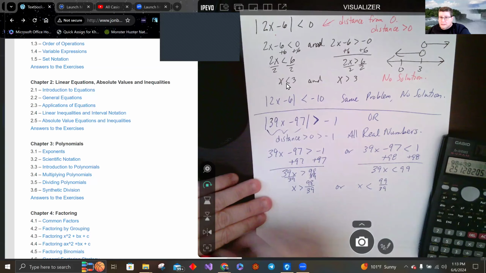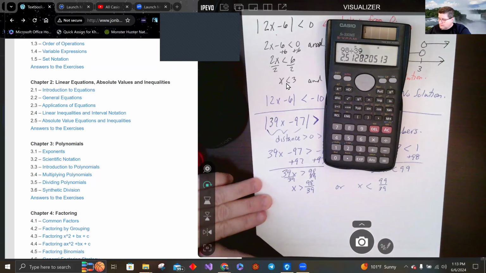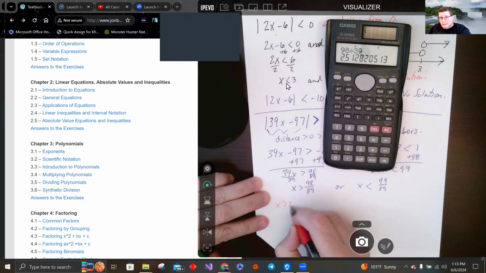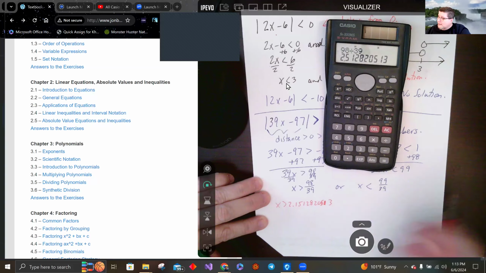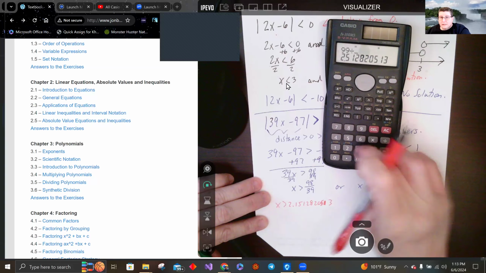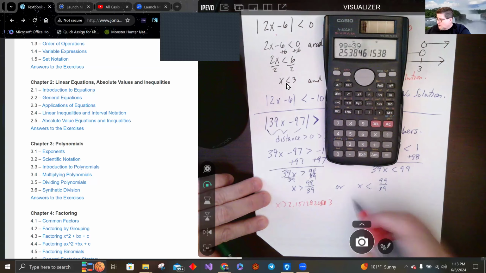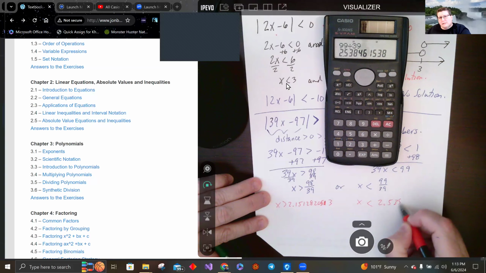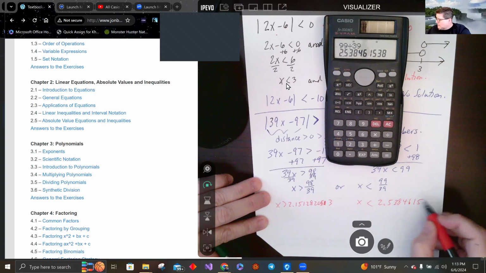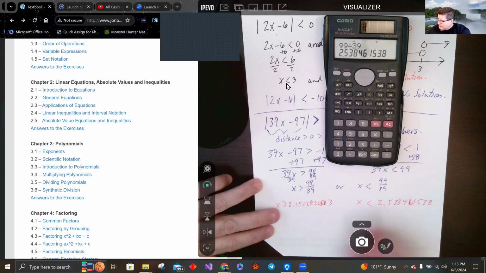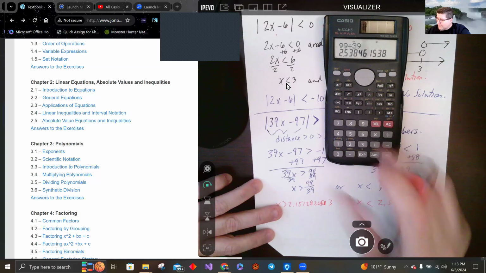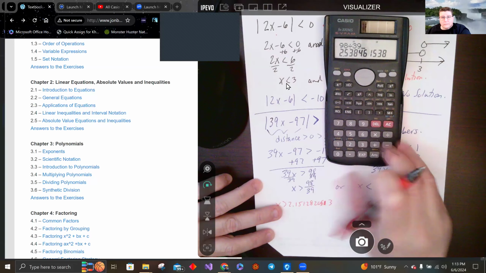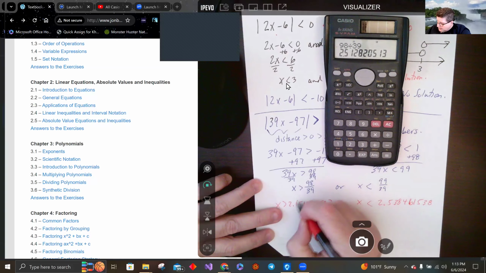If I just do 1 decimal place, I think I got that first number wrong. I do. That's 2.51.